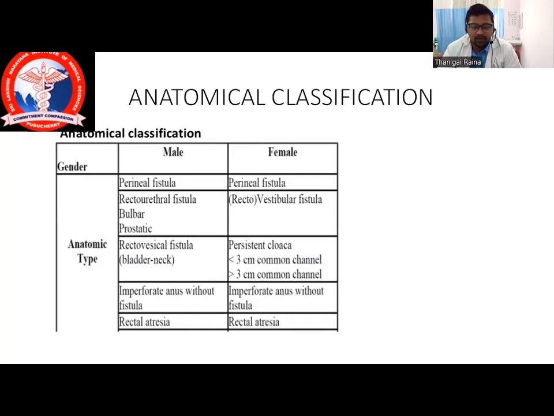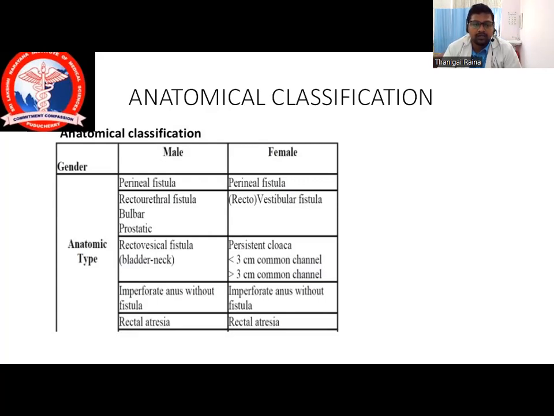Here, persistent cloaca, that is less than 3 centimeter of the common channel or more than 3 centimeter. The common channel indicates that both rectum and urethra combine. That is, there is a connection between the rectum and the urethra. That pathway is called the common channel. So that is less than 3 centimeter or more than 3 centimeter.